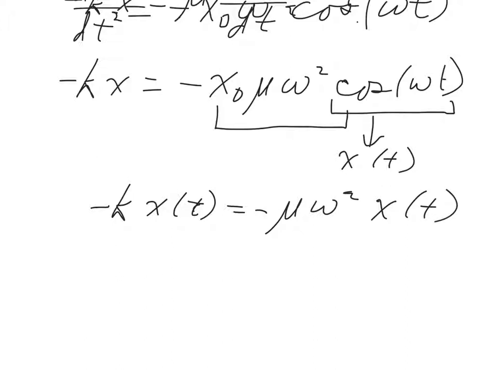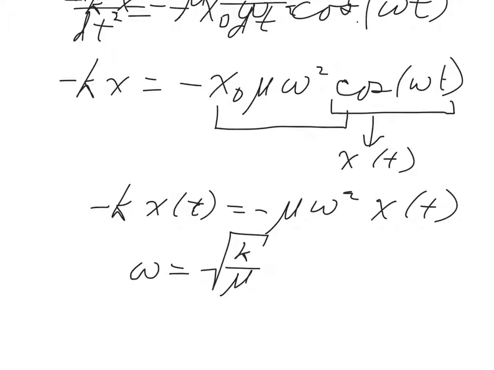Now we can take x of t out of here, and we can see that this solves it only in the case where omega is the square root of k over mu.